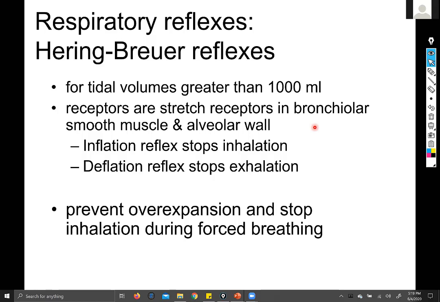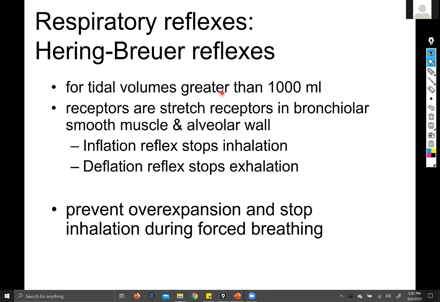But what you don't want is to overinflate your lungs such that your alveoli begin to get damaged. You also don't want to exhale so much that you are collapsing your alveoli. So both ends of the spectrum are potentially damaging for your lung tissue.